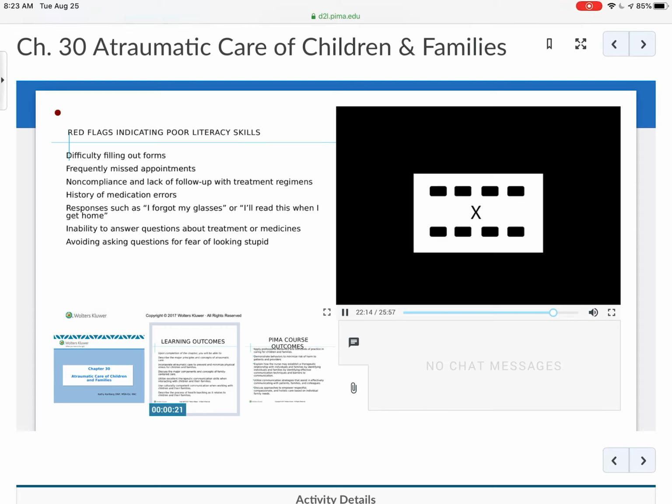Just some red flags indicating poor literacy skills. They have problems filling out forms, they miss appointments, they're non-compliant, they make medication errors, and they say things like, I forgot my glasses, I'll read this when I get home. They won't answer questions. They avoid asking questions for fear they'll look stupid.